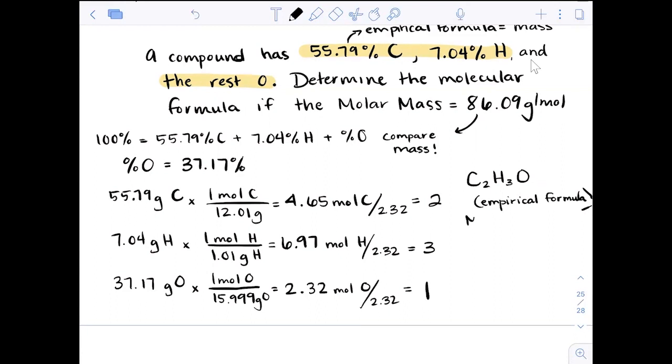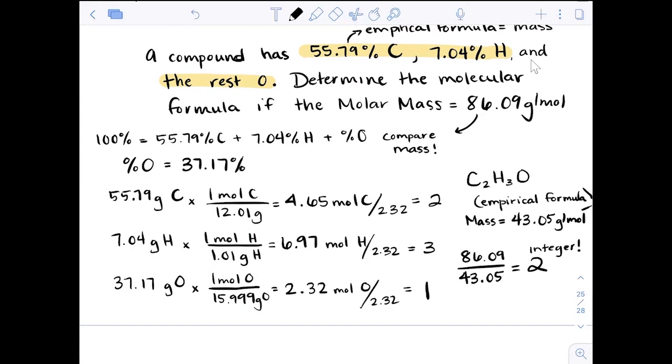Now the mass of that empirical formula, adding up 2 carbons, 3 hydrogens, and 1 oxygen, is 43.05 grams per mole. Now if we take the 2 masses and divide them, big one divided by small one, we see that there is an integer of 2.